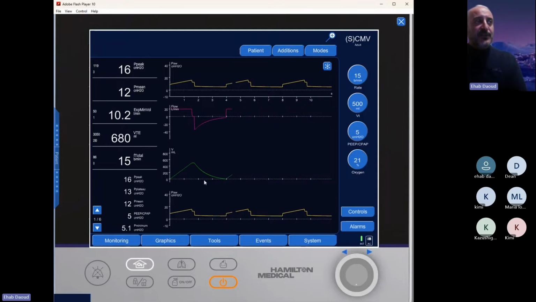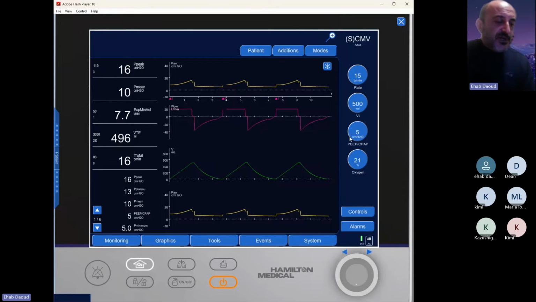So again, my tidal volume is set at 500, so the tidal volume will drop to 500. So 500 over my plateau pressure, for example, which is going to drop to about 12, minus the PEEP. So 500 divided by 7, you get about 50 or so.